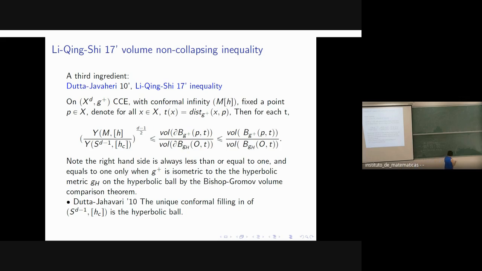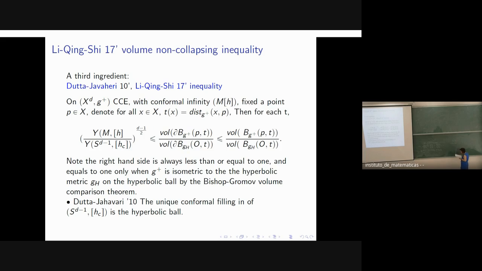So we have this metric g, which is rho squared G plus, where rho is the geodesic defining function. But we also have this metric G plus, whose Ricci is minus n G plus.